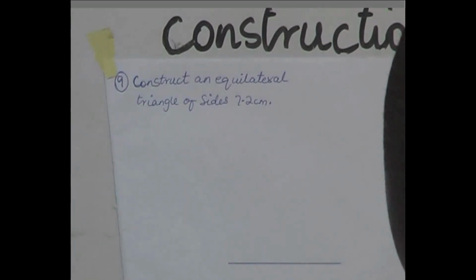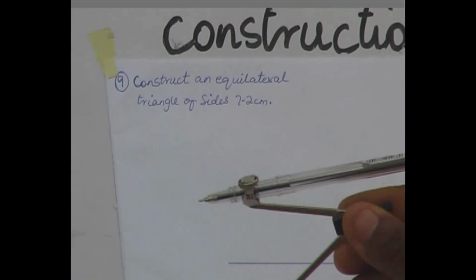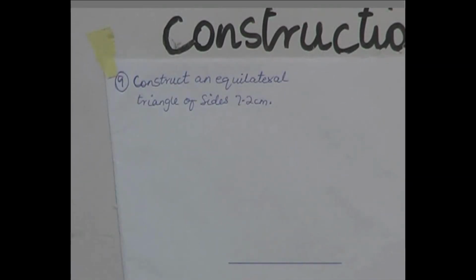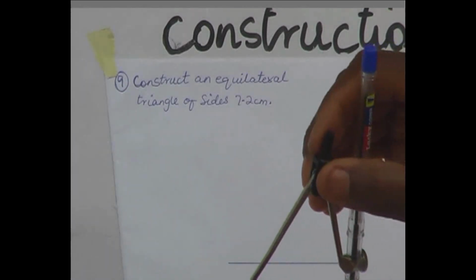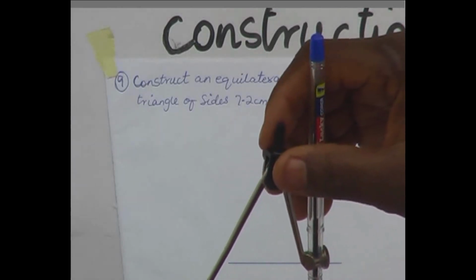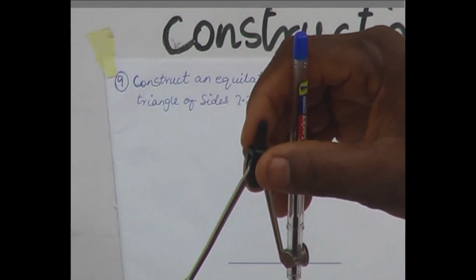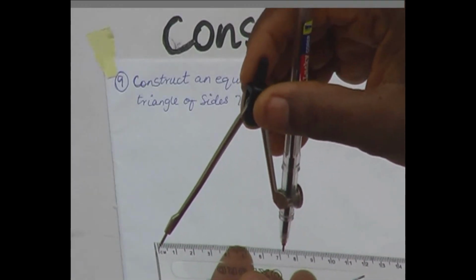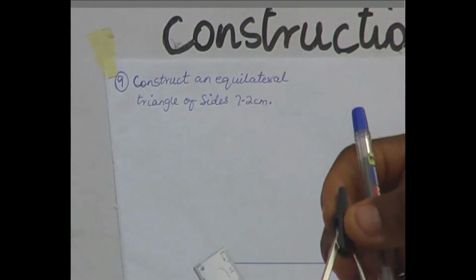Now, pick your compass, not your pair of divider again. Measure out 7.2 centimeters this way. This is 7.2 centimeters, as I have measured out. Now bring the compass out.